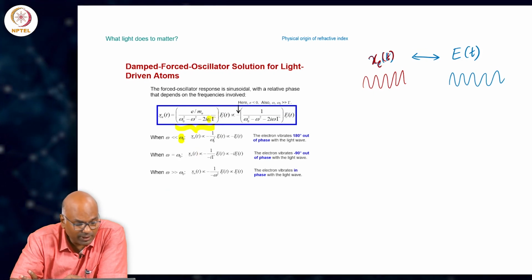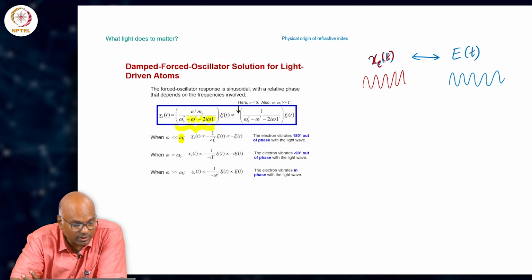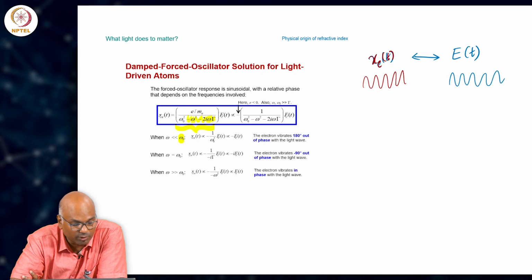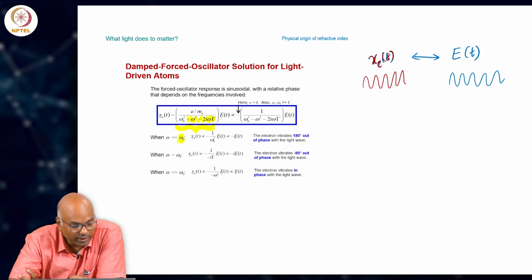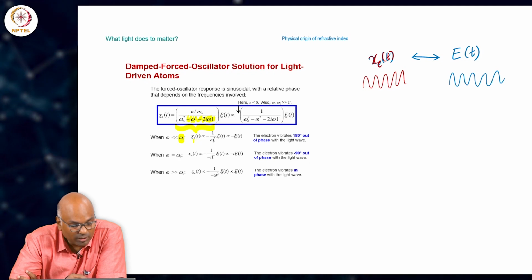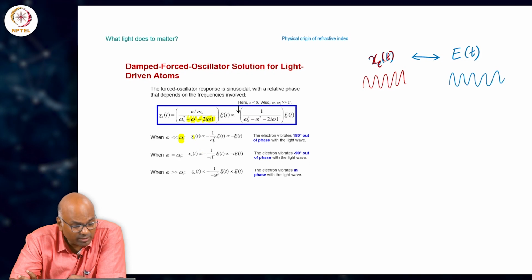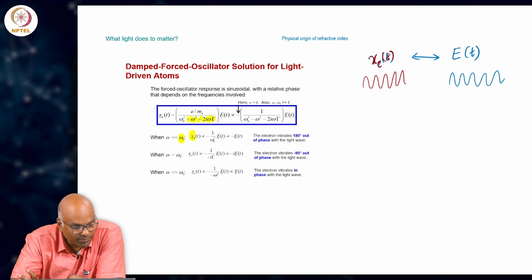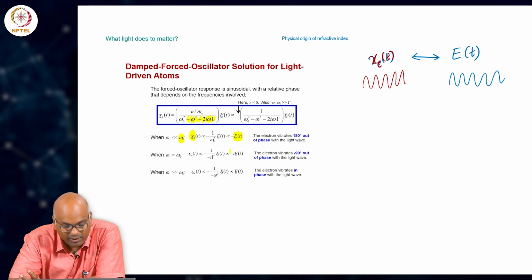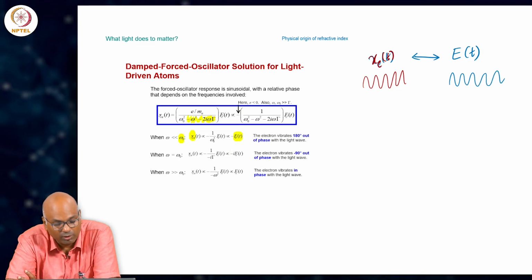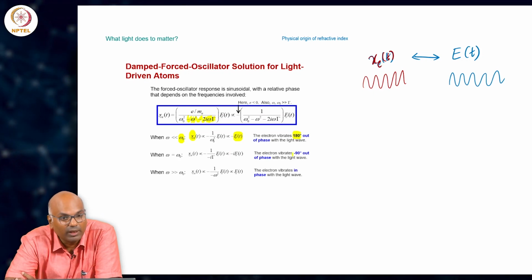We can simply erase all these terms in the denominator when omega is much smaller than omega naught, and realize that the oscillation or the excursion of the electron cloud is pi out of phase, or the electron cloud vibrates 180 degrees out of phase with respect to the light wave.